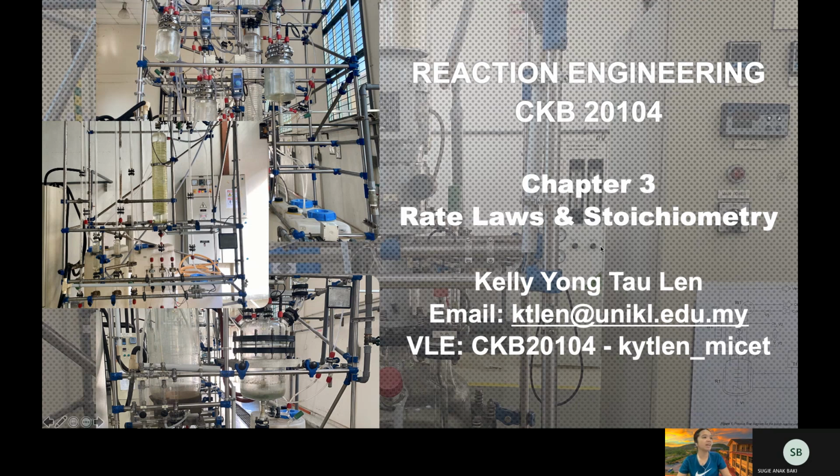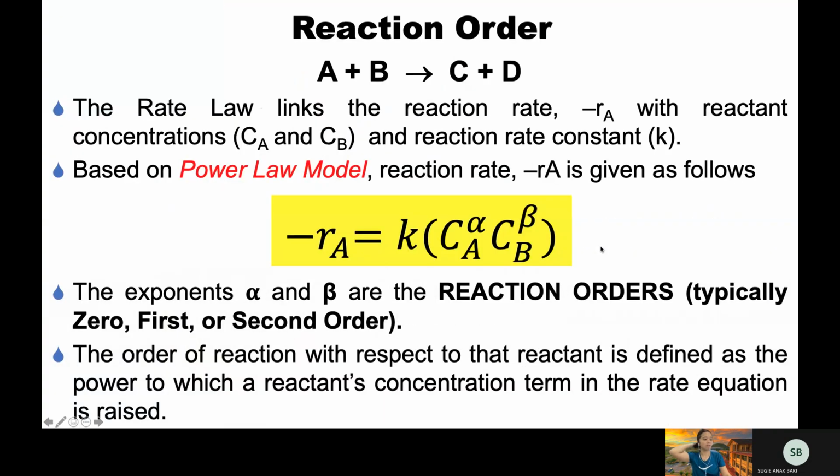But before we go there, we will first learn a few important things that will help us in designing reactors. If you remember in chapter 2, we have derived the design equation, meaning if I want to find the reaction time for a batch reactor, I have a design equation. For the flow reactors, we have CSTR, we have PFR.